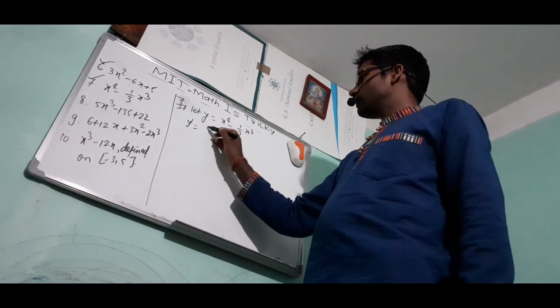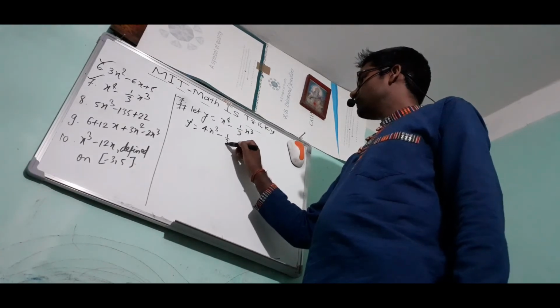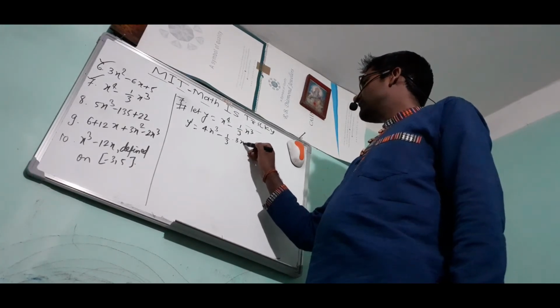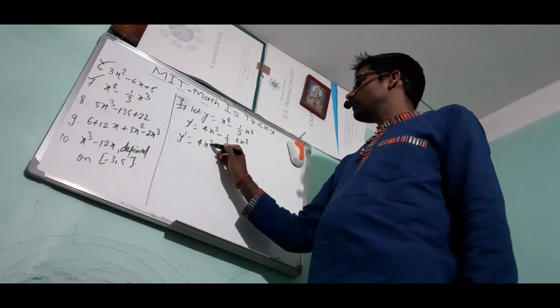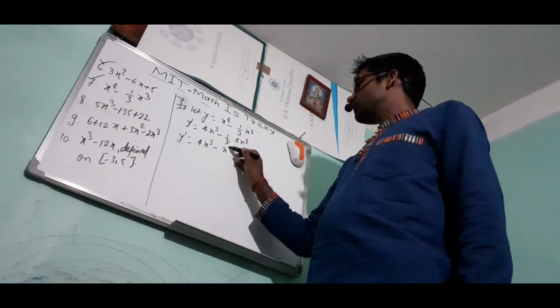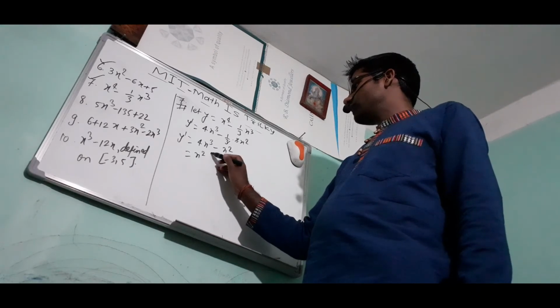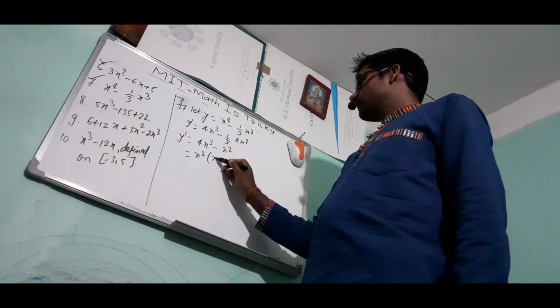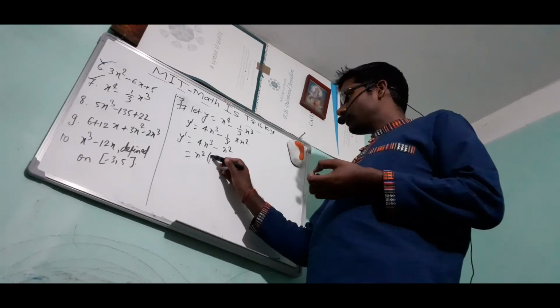It will be 4x cube minus 1 by 3 times 3x square. So y dash becomes 4x cube minus x square. If we take x square common, we'll get x square times (4x minus 1).